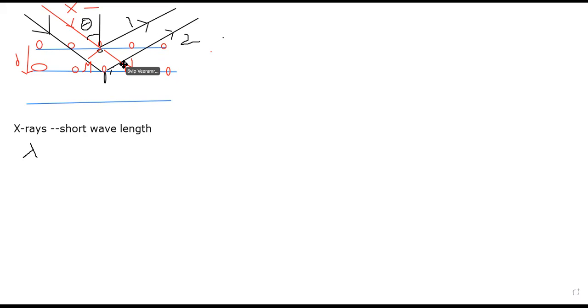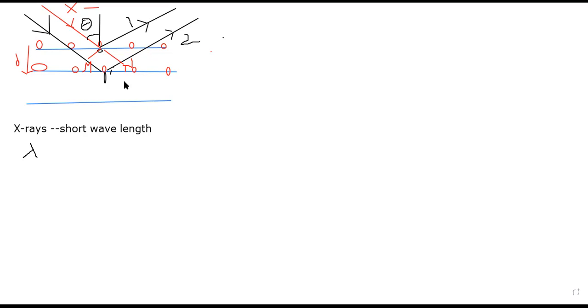The distance traveled by the two incident X-rays is equal, so their path is equal. And what about the scattered X-rays? Beyond the perpendicular line ON, these two scattered X-rays travel an equal distance.